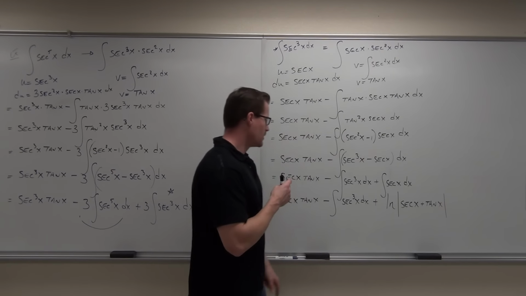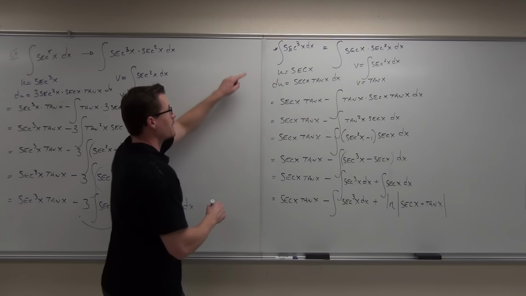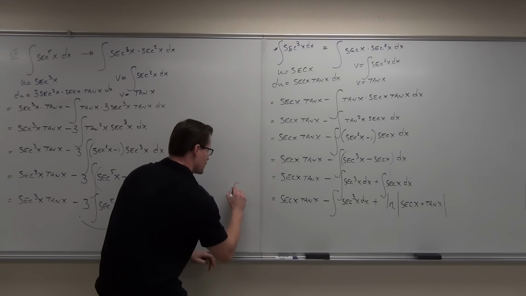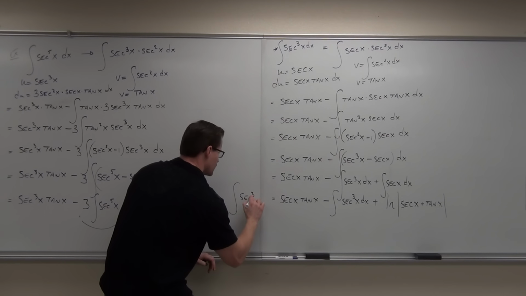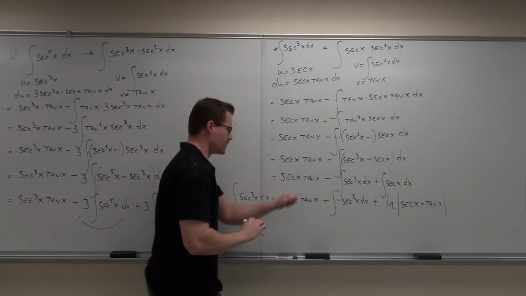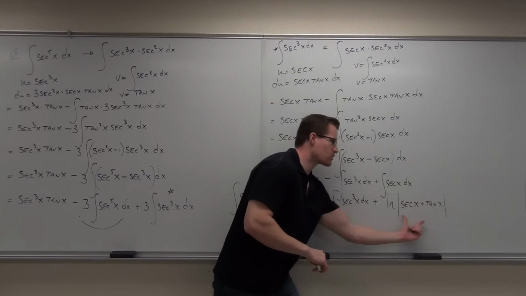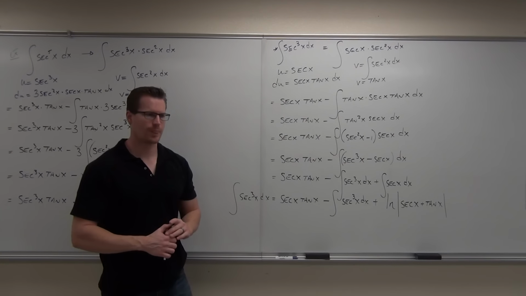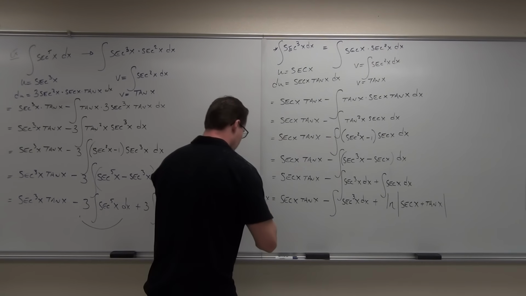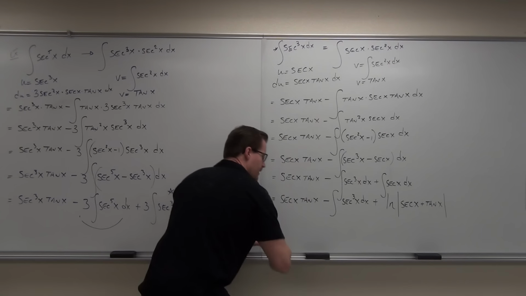All right. Now keep in mind, it was this that's equal to this. Tell me what I'm going to do next. Notice no integral, integral. What am I going to do? You add the integral to the other side. So treat this like an equation.